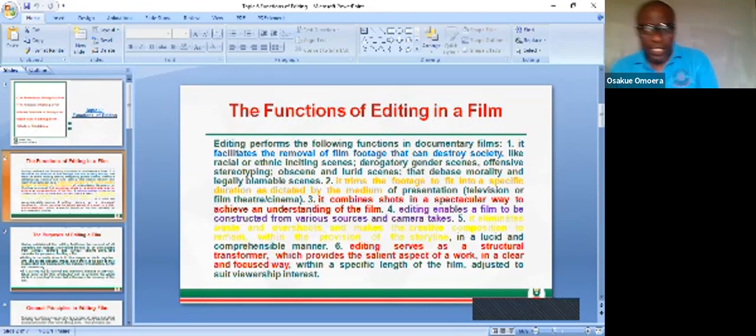The sixth that we have identified as the functions of editing a film is that editing serves as a structural transformer, which provides the salient aspect of a work in clear and focused way within a specified length of time, adjusted to suit viewership or interest. All your takes, all your shooting, wherever you may have shot, whether long shots, close-up shots, they could be very unwieldy.